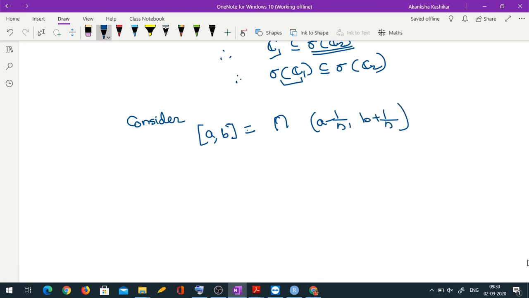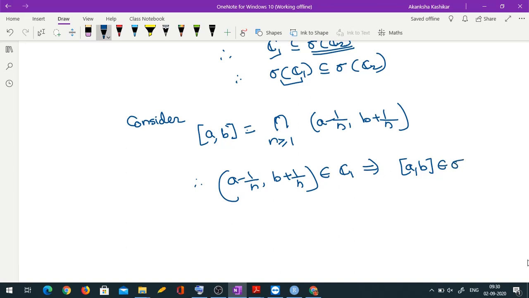This I have given you as homework, so you can prove it. Okay. Therefore, (a minus 1 by n, b plus 1 by n) belongs to C1, implies closed [a,b] belongs to sigma C1, because closed [a,b] is a countable intersection of sets in C1. So it is in sigma C1.